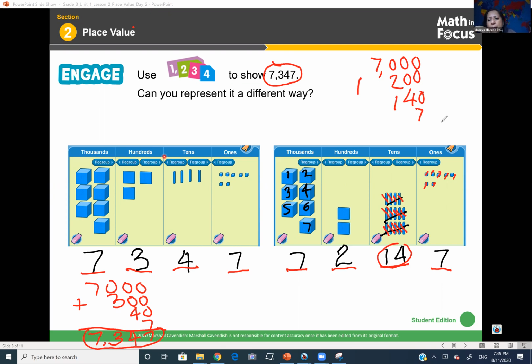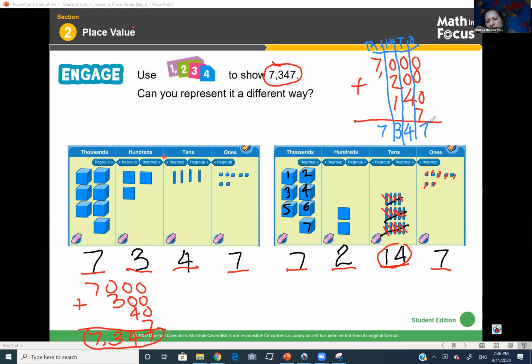So when I add up my numbers, I'm still going to have the same number. Let's prove it. Remember, let's make sure that we follow the place value and that we're aligning our numbers, so when we add, we can get the right answer. So we have the ones, the tens, the hundreds, and the thousands. So I have 7 ones, I have 4 tens, 200 plus 100 makes 300, and 7,000 makes 7,000.